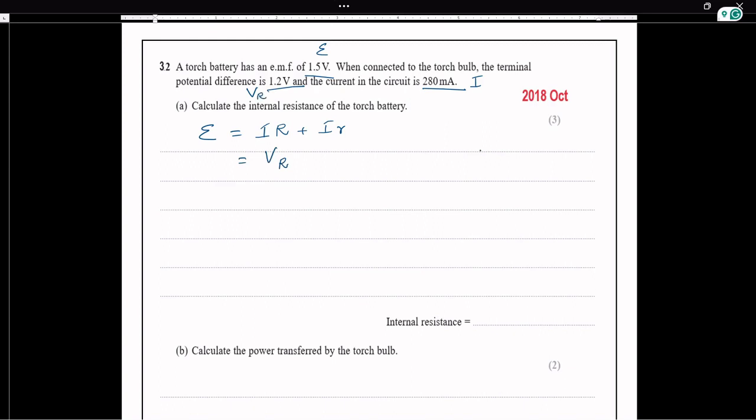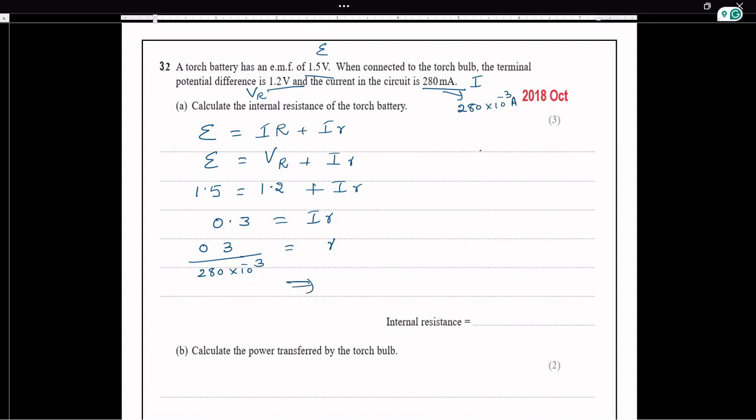So E is 1.5 and the terminal PD is 1.2 plus I times r. Therefore, we can transpose it: 0.3 equals I times r, and r equals 0.3 over the current, which is 280 milli, 280 times 10 to the power of -3 amps.